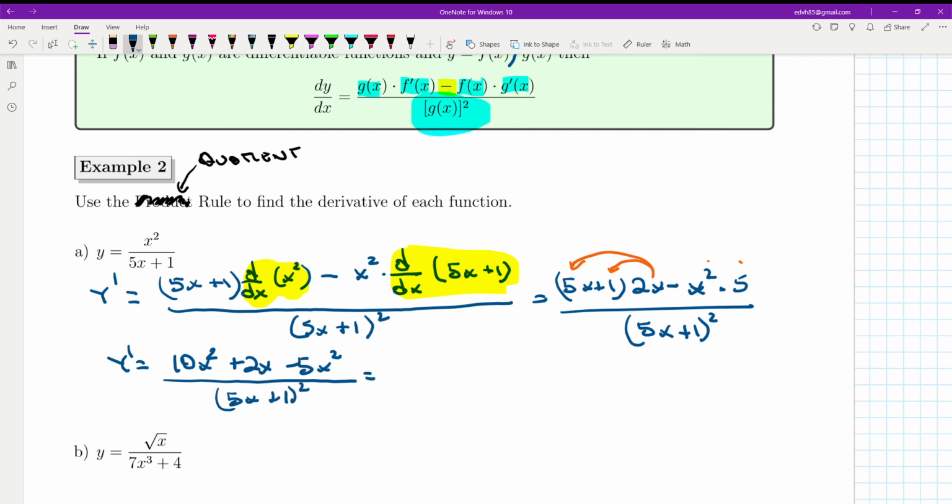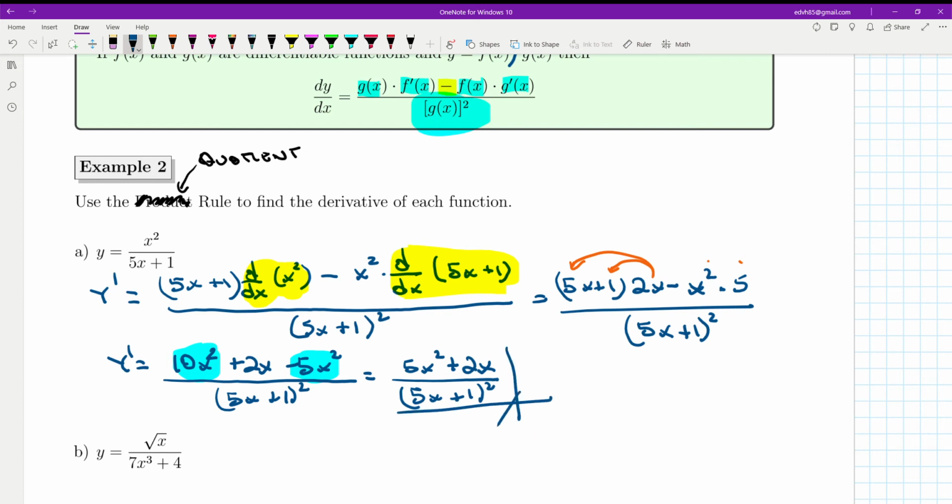And we'll keep simplifying. Notice the like terms right here. These two are like terms. 10 minus 5 combine to give us 5x squared plus 2x divided by (5x plus 1) quantity squared. So this is the final answer.